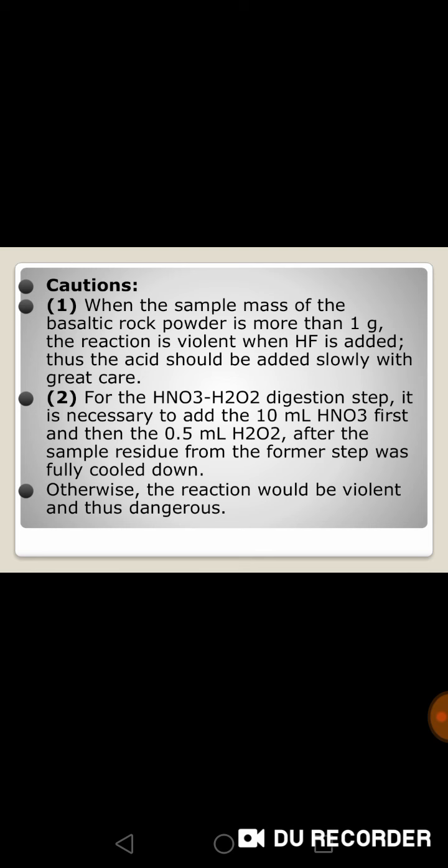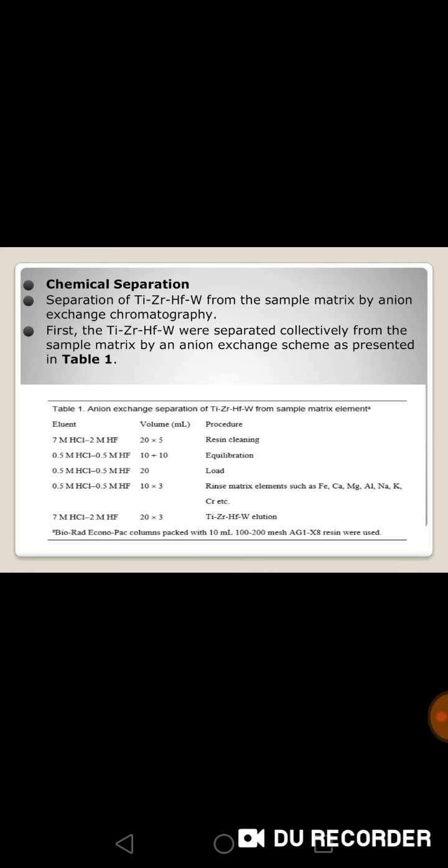After the sample residues from the former steps are fully cooled down, we have to wait for the cool down of the first step, and then move to the next step. Otherwise the reaction would be violent, and it could be really dangerous for you and for the others too.